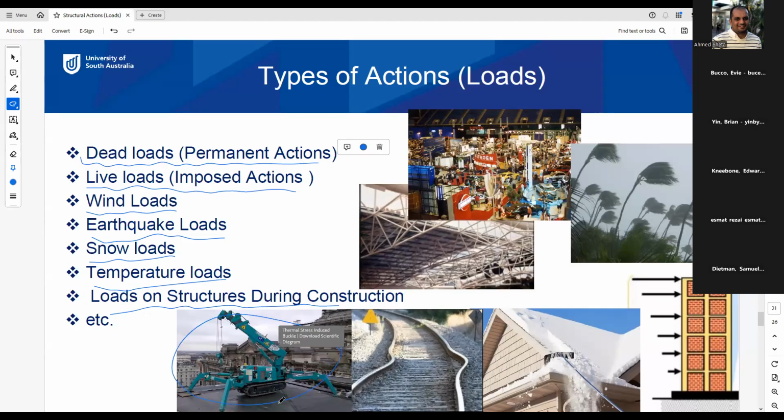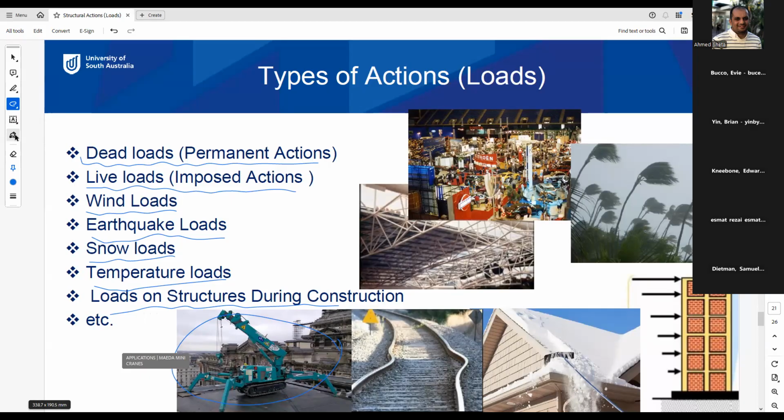During the construction of this building, for example, there was an equipment that needed to stand on the roof to help in the construction or to lift something on the roof. So this is an example of the loads on a structure during construction.